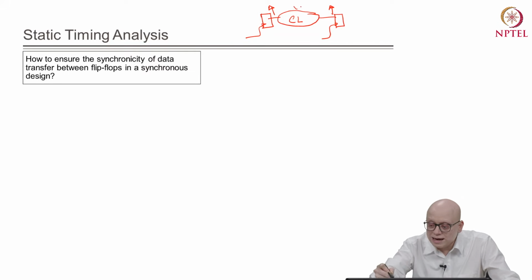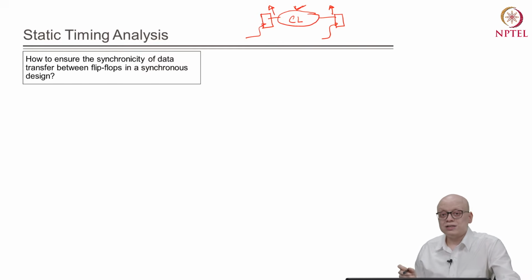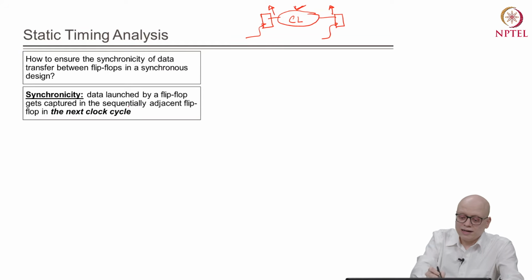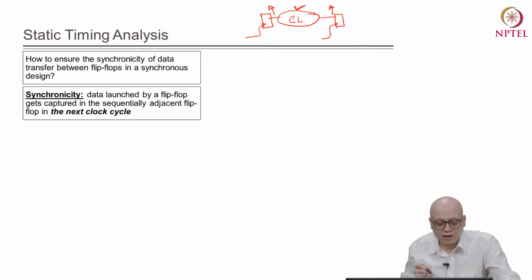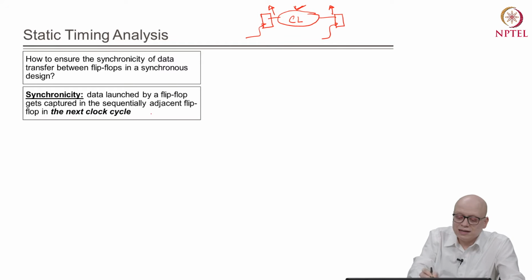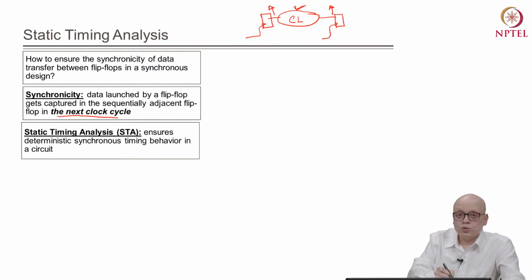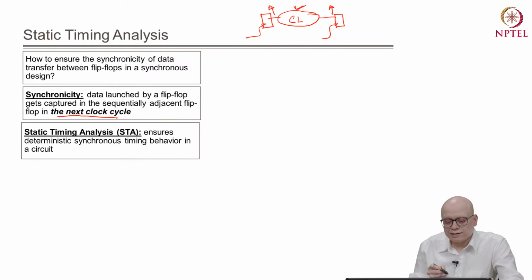Now, the delay of this combinational logic can disturb that behavior, but we need to ensure that it is not disturbed, right. By synchronicity we mean that the data launched by a flip-flop gets captured in the sequentially adjacent flip-flop in the next clock cycle, and this is ensured by a tool which is known as static timing analysis tool, or STA tool.